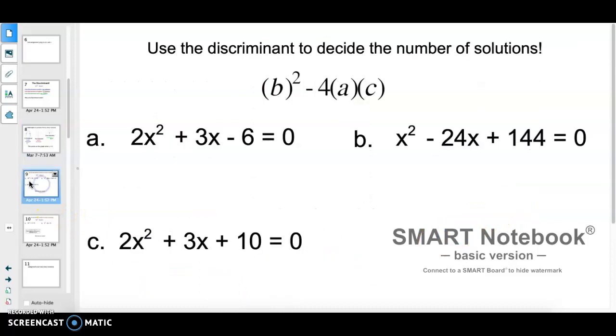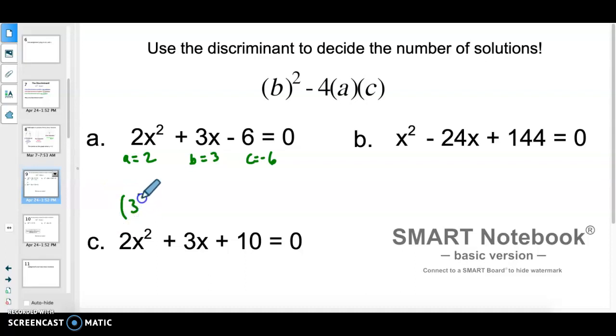So putting this into action, if I wanted to decide how many solutions this quadratic equation would have, I'm wondering how many times is it going to cross the x-axis. This formula is a quick way to decide how to sketch my graph. My A is 2, my B is 3, and my C is -6. Plugging that in, you're going to put parentheses around everything.